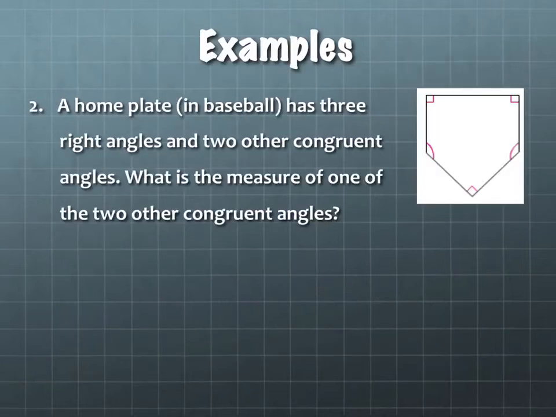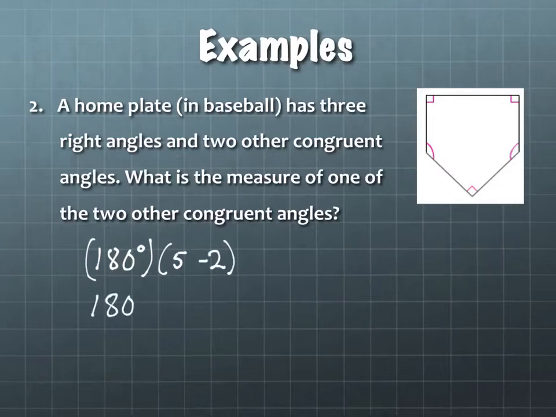So if we didn't already know it, we can calculate it. We can take that 180 times 5 minus 2, which is 3, of course. And what is 180 times 3? 540. So there's 540 total degrees inside of this shape.